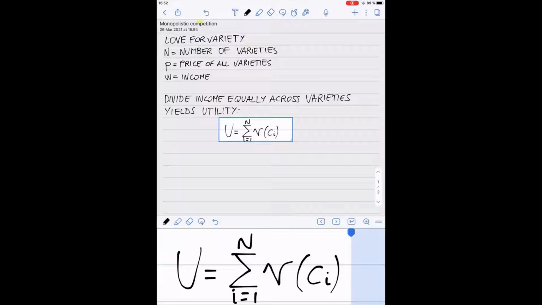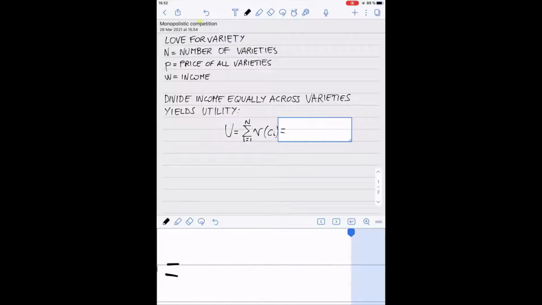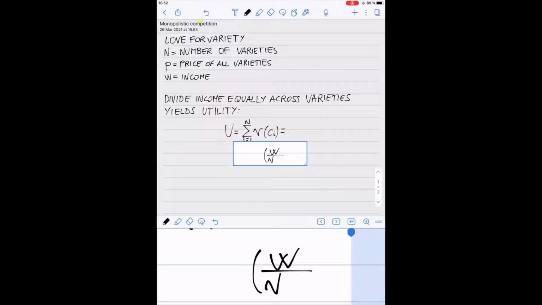If you divide income equally across these varieties, what do you get? Well, the consumption c_i of each variety is simply going to be your income split across all of the varieties, given their price. So that is the amount of consumption that you have for each variety.